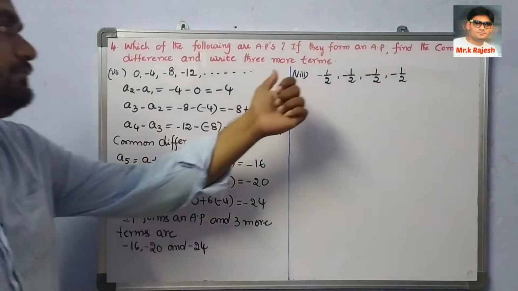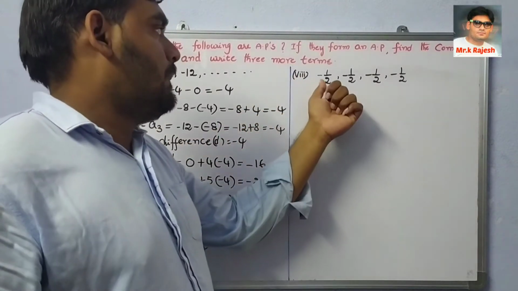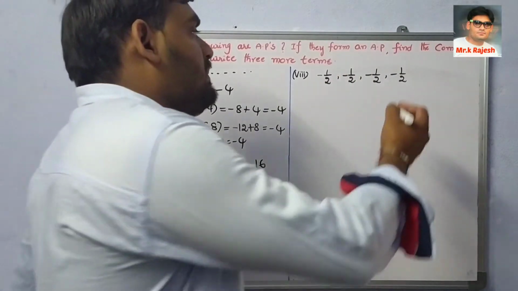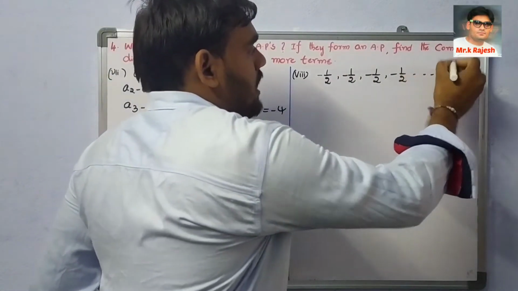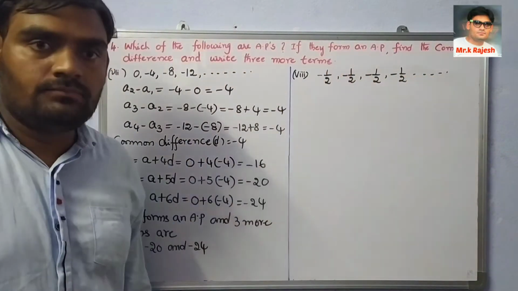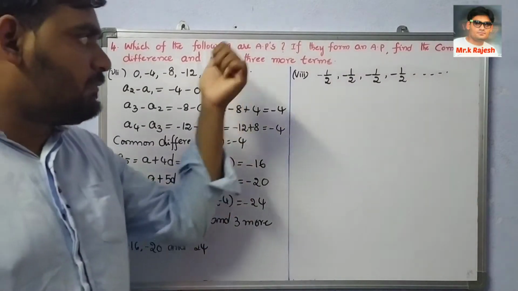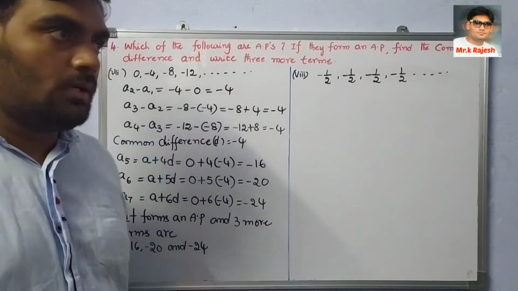Next, coming to the eighth problem: minus 1 by 2, minus 1 by 2, minus 1 by 2, minus 1 by 2 and so on forms an AP. If it forms an AP, we need to find three more terms.